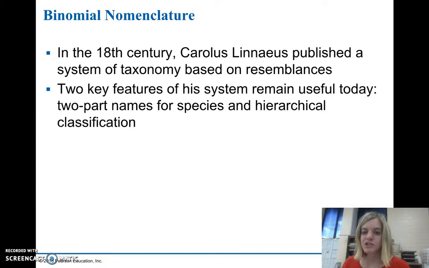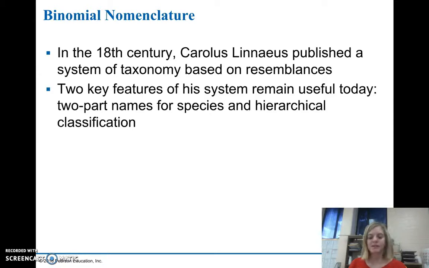You probably read about in chapter 19, Carolus Linnaeus. He created a system of taxonomy that is based on resemblance. We don't use a ton of his taxonomy today in terms of how the organisms are related. We use phylogeny more for that, but we still maintain his two-part names and also work with a hierarchy.